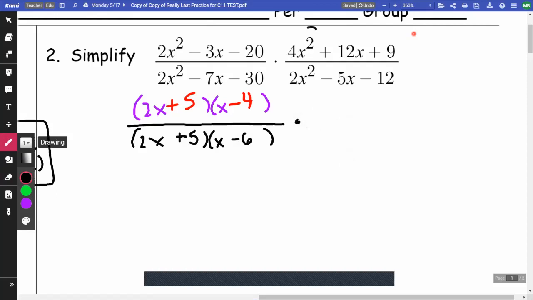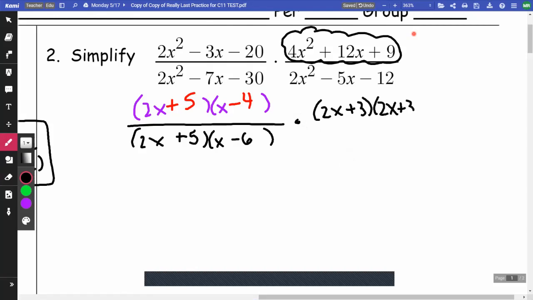This one here, it looks like it might be a perfect square trinomial because I have a square in the front and a square in the back. So if it is, it would be a 2x plus 3, and I'm going to write it as 2x plus 3, 2x plus 3. The way to check is I've got my 4x squared for sure and my 9 in the back. If I multiply these together, which is a 6, and then double that, which is a 12, that means it's a perfect square.